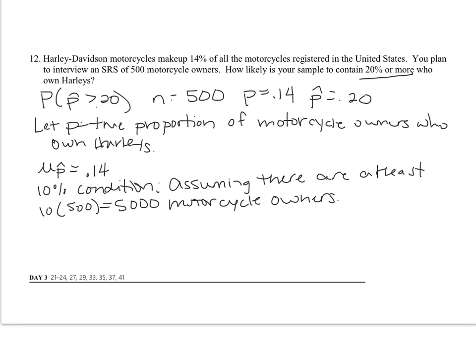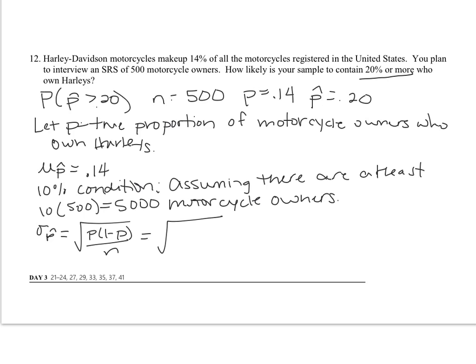Now we also need to make sure that it's normal. Sorry, I skipped a step. The standard deviation is the square root of P times 1 minus P over n. Make sure that you use P and not P hat.